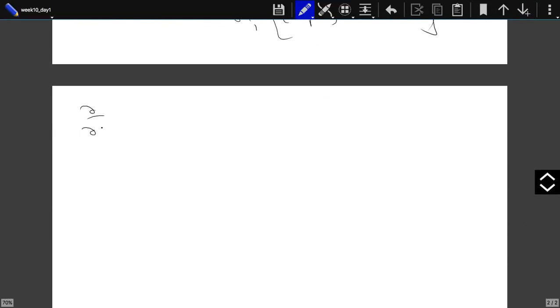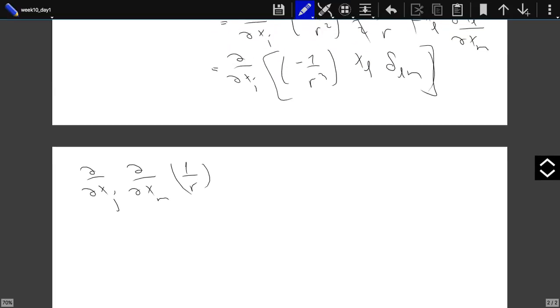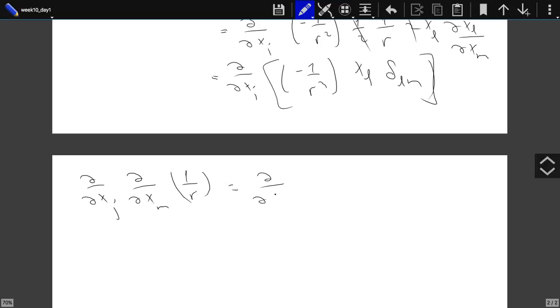So what we obtain is ∂/∂x_j ∂/∂x_m of 1 over r. This is equal to ∂/∂x_j of minus 1 over r cubed. I'm summing over l, but due to that Kronecker delta, only the l equal to m term survives, and that gives me x_m.